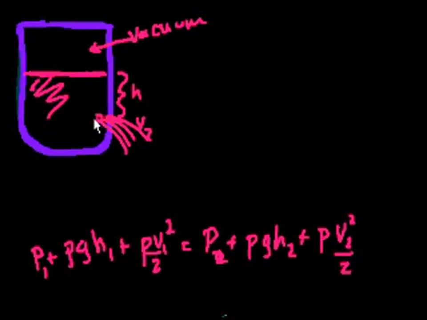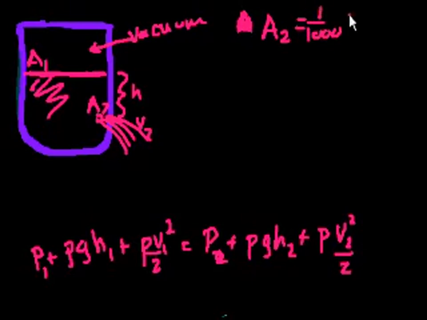Let's call the area of that hole A2, and let's say that the surface area of the water is A1. Let's say that A2 is equal to 1/1000th of A1. So this is a small hole relative to the surface area of this cup, right?